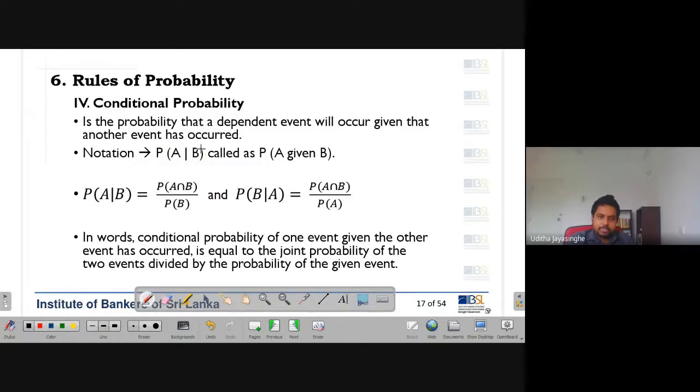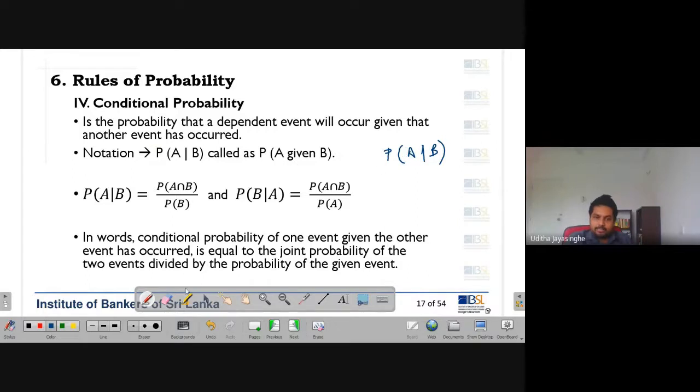You can't be creative and put something like P(A) divided by B, so don't get misled by it. Be careful. Your line has to be a straight line. P(A given B). It's a vertical straight line. Okay, that's the notation.